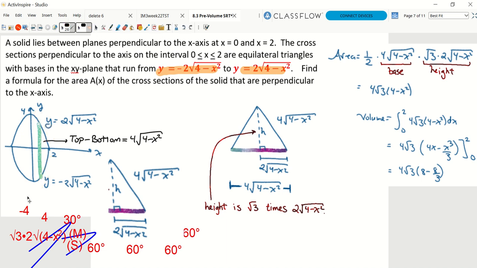Same thing as before. If this is 4, negative 4, total distance is 8, right? Okay. Do you agree that middle orange to top orange distance is going to be this function right here?